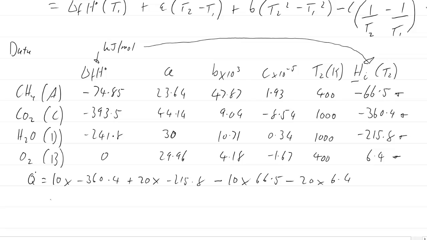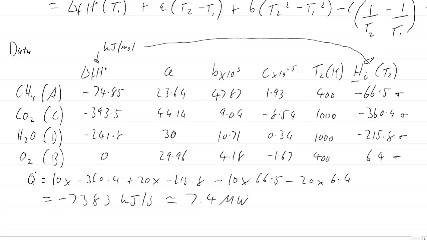If I add all those things together, what I get is negative 7383 kilojoules per second, which is approximately equal to 7.4 megawatts.